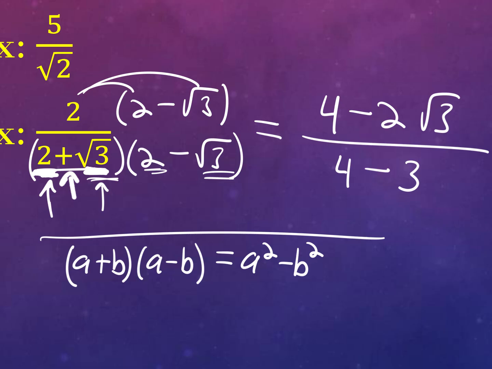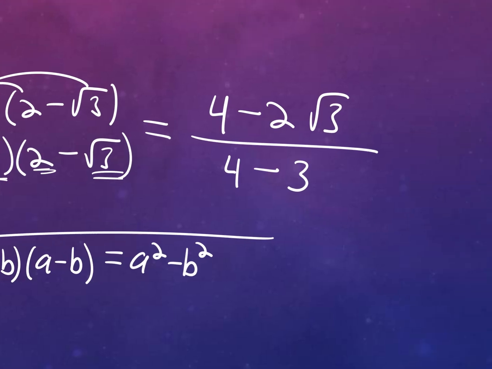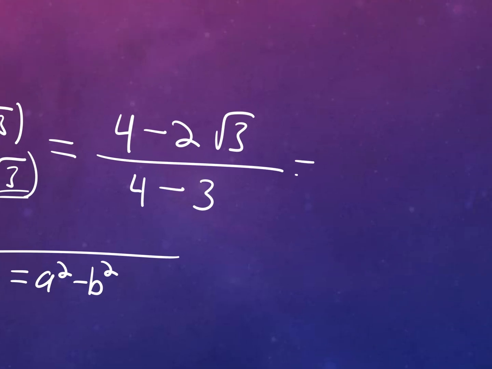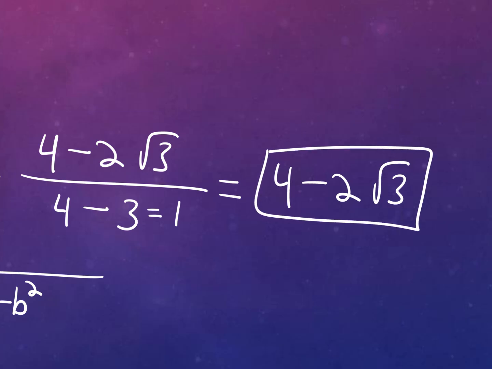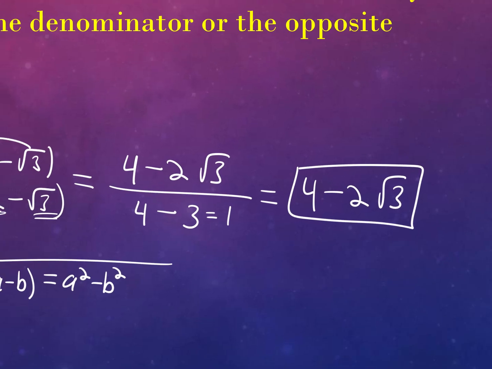There's no big deal with doing that. But then you just simplify: what's 4 minus 3? It's just going to be 1. Good. So then this is going to get you 4 minus 2 square root of 3 over 1, which anything over 1 is itself. So then this would be your final answer.